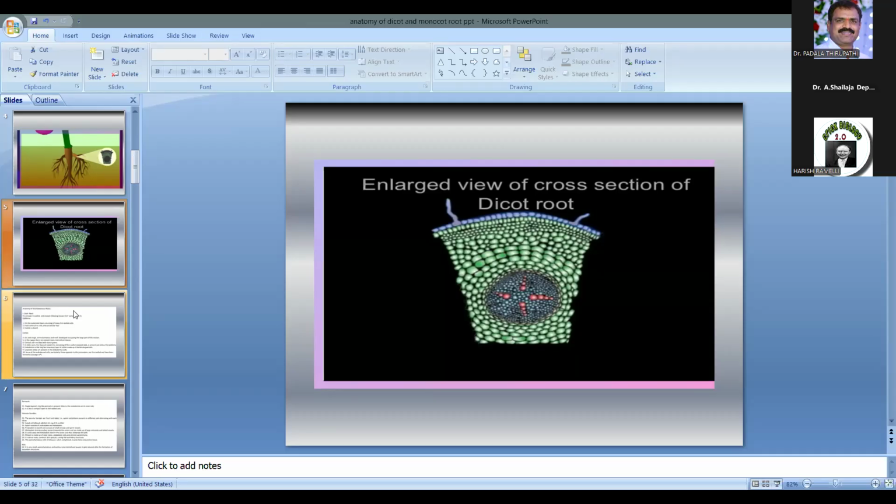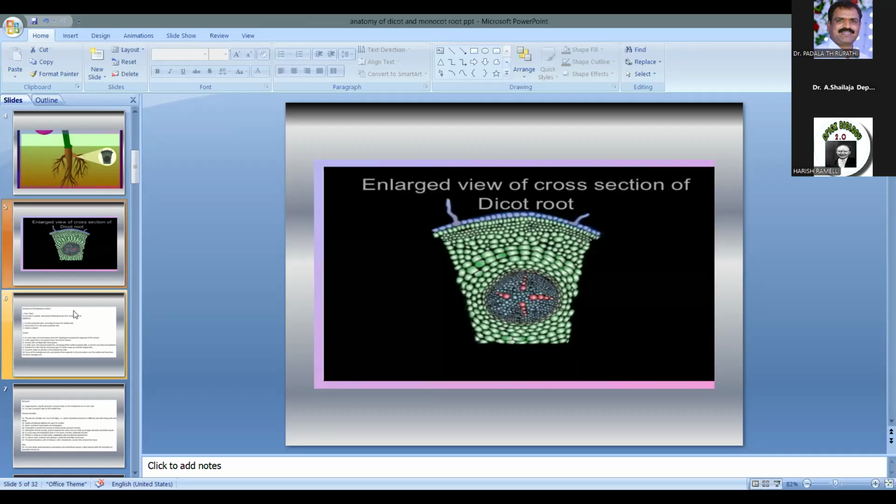The parenchyma cells between the xylem and phloem form a tissue that is called complementary tissue or conjunctive tissue. We discussed this in the last class. The central region of the root is occupied by a narrow parenchymatous pith or medulla. Sometimes it is absent. So what are the salient features of the dicot roots? Mainly, the xylem bundles vary in number from 2 to 6 or 2 to 8.